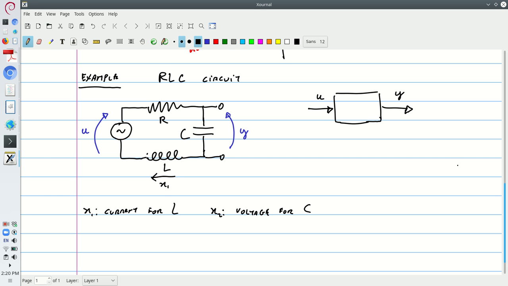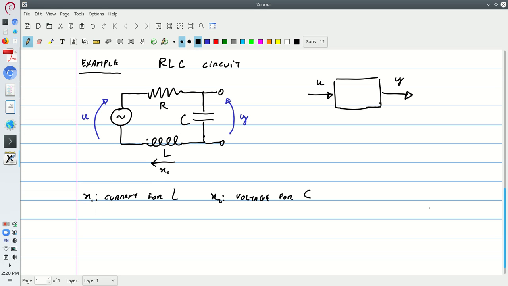Indeed, if we choose x1 and x2 in this way, the relationship that we have on the capacitor tells us that x1 is going to be equal to C, the derivative with respect to time of x2.